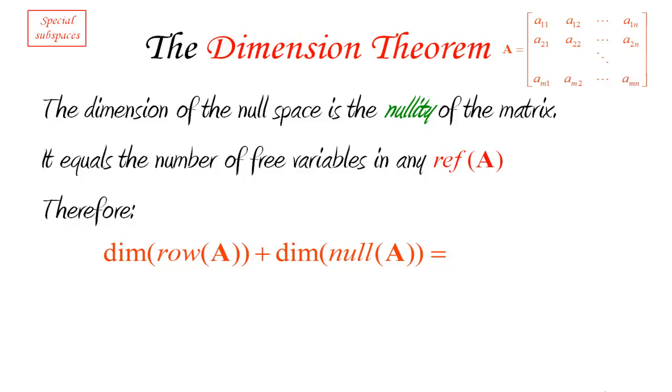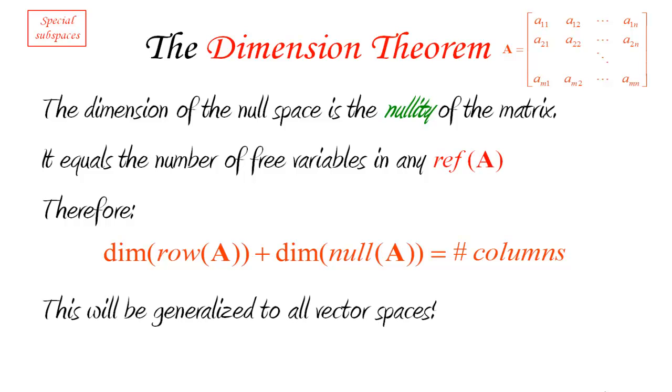Well, you're adding how many pivotal columns you have plus how many free columns you have. What do you end up with? The total number of columns. This looks like a very simple theorem in its statement, but turns out to be quite important. In fact, we're going to be able to generalize this theorem to all vector spaces.